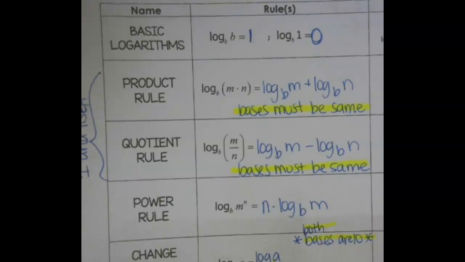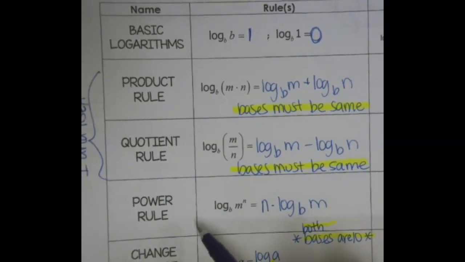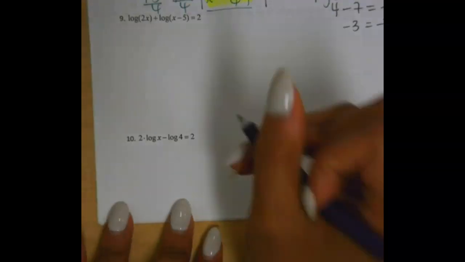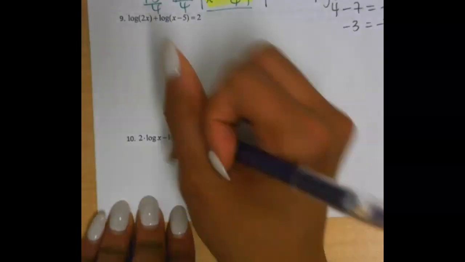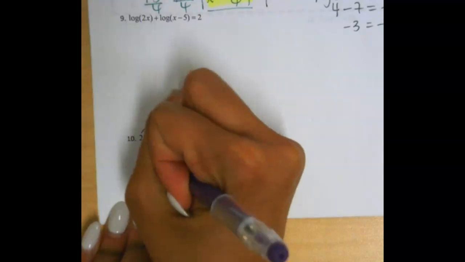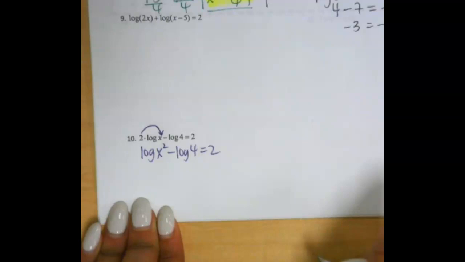Is there anything else? Can we use the power rule or power property? Do you see something that's being multiplied? Yes, we can use that multiplication, that 2 times your common log of x. We can use that. So let's go ahead and do it. Whenever we were simplifying these on our expanding and condensing page, I told you to move your exponents first. So I would make this the common log of x squared minus common log of 4 and make it equal to 2.